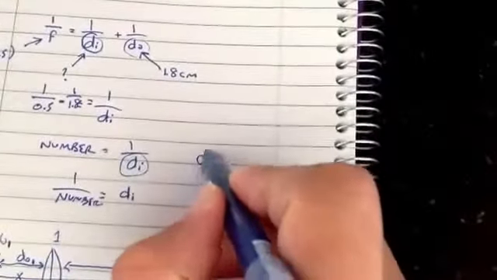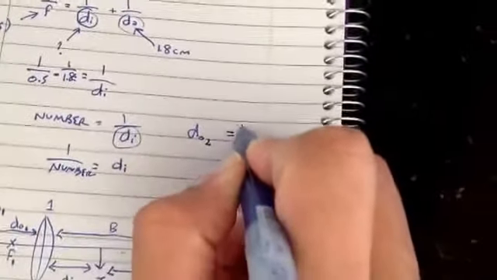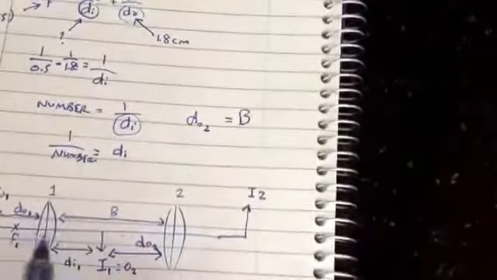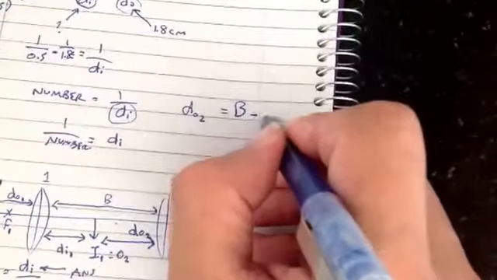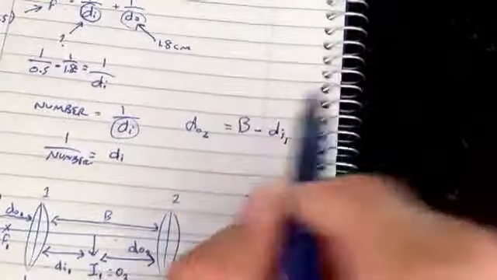And there is a simple formula for that. And this is one of the new formulas you have to learn for two lenses. Okay. That formula is DO2 equals B, the distance between the two lenses, minus the distance to the image of the first lens.